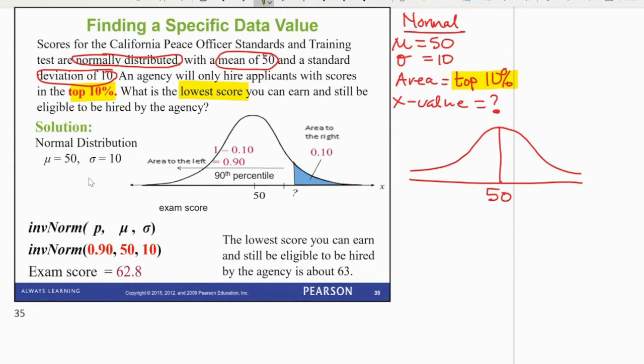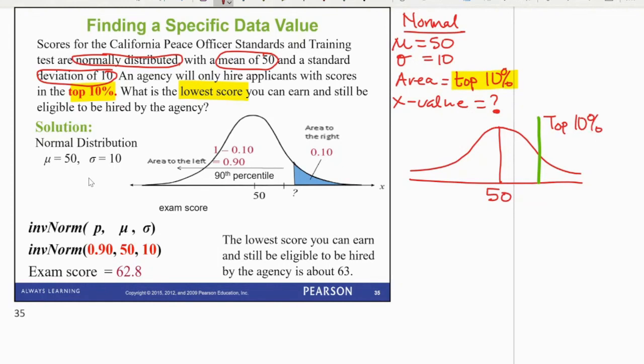So, Chris B, where am I going to put that line? Above 50 or below 50, Chris? Above 50. Excellent. The top will be above 50. Great. So this line is the top 10%.